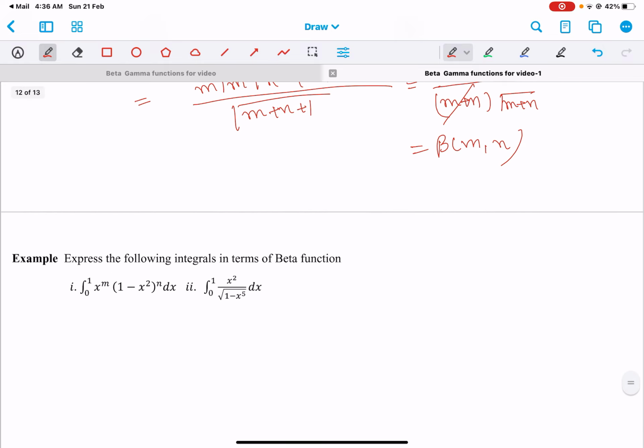So again, examples of this kind. You know that for the beta function, suppose I want to prove one, I'm just giving you the hint and you may solve it yourself.